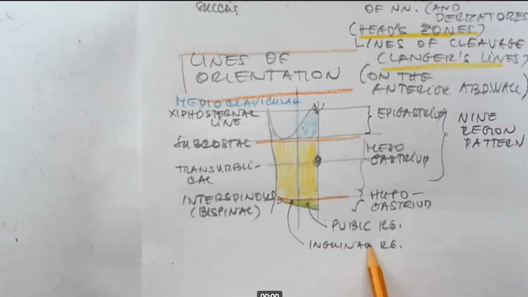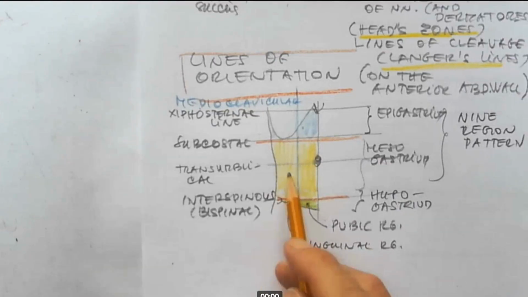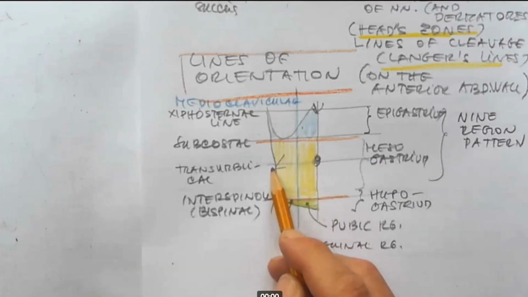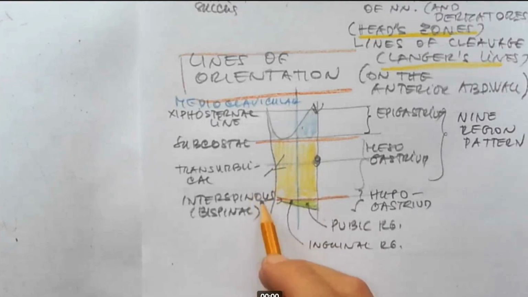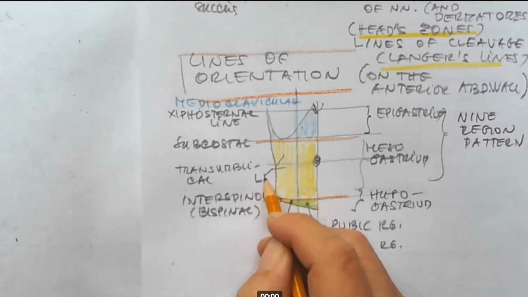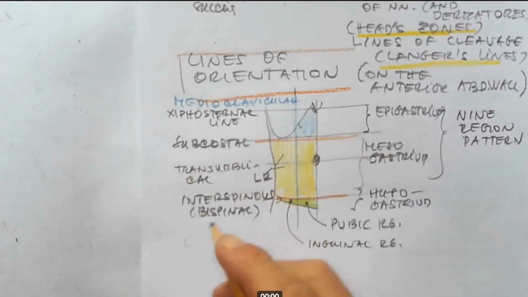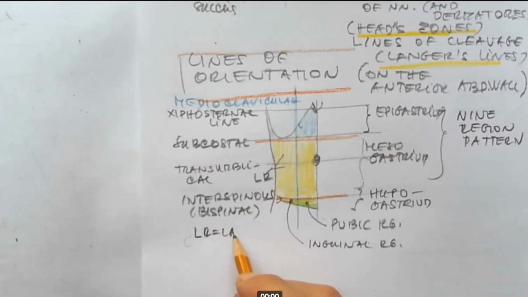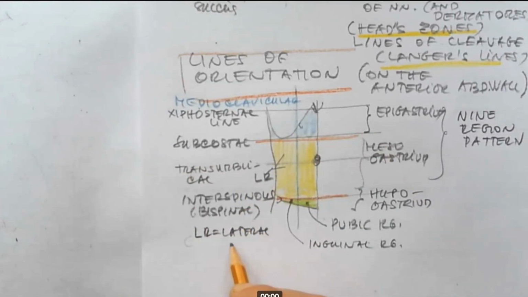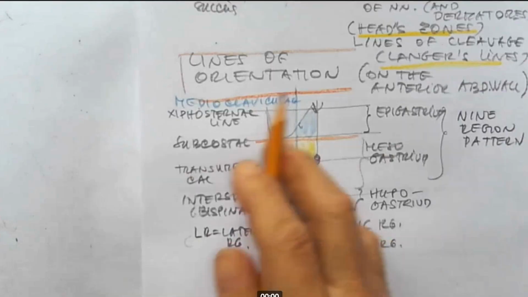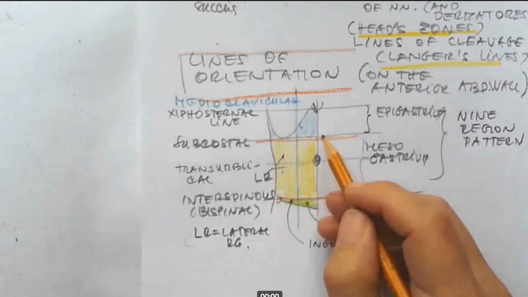We remember the inguinal canal. Then that whole area is called the lateral region, maybe just LR.